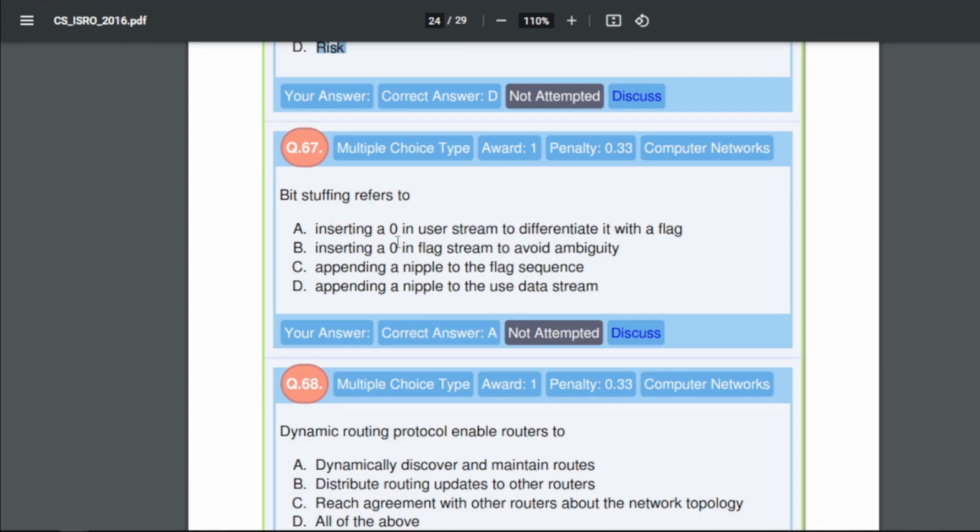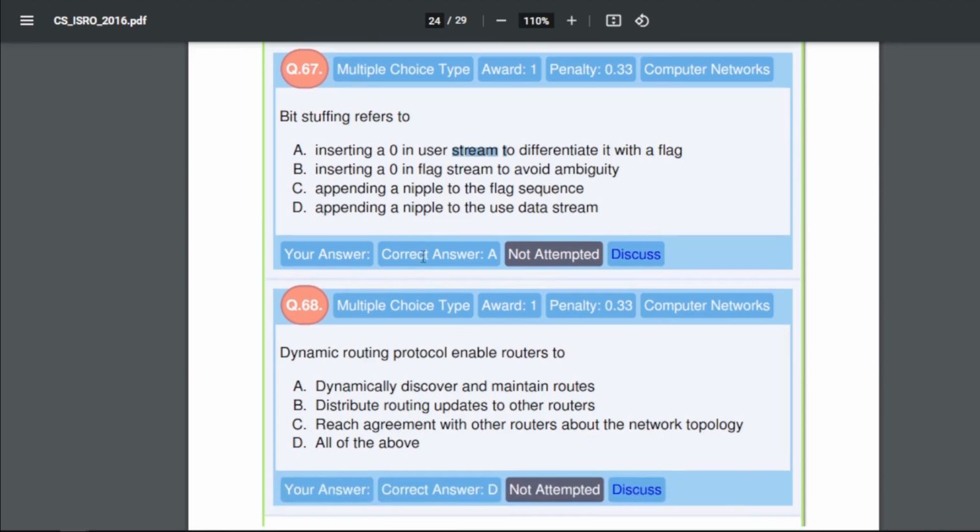Basically bit stuffing refers to A, that is inserting a 0 in the user stream to differentiate it from a flag. So A will be the answer.